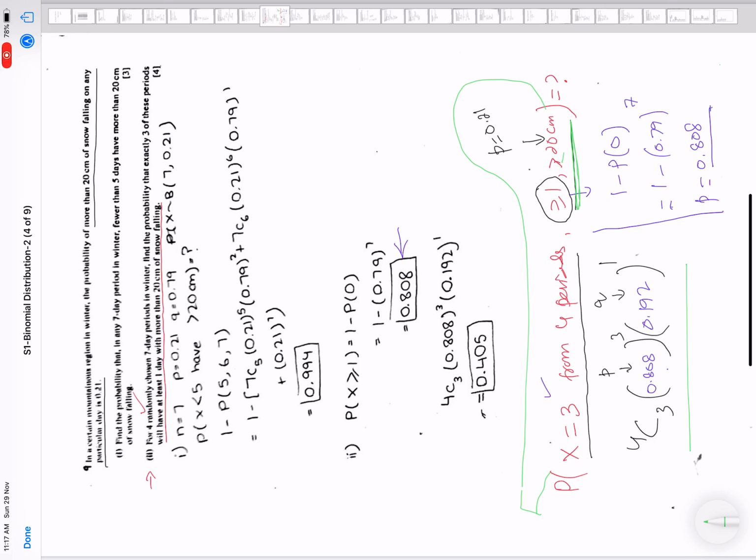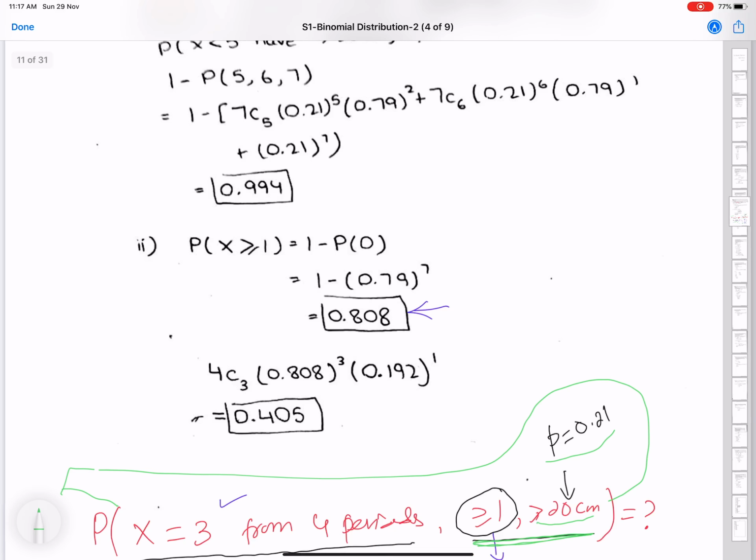This information will give you P, and this information is basically from part 1. So this is the way to get the P for the next binomial model. After getting this P, substitute P here and Q here. So this is the way to solve questions of this type.